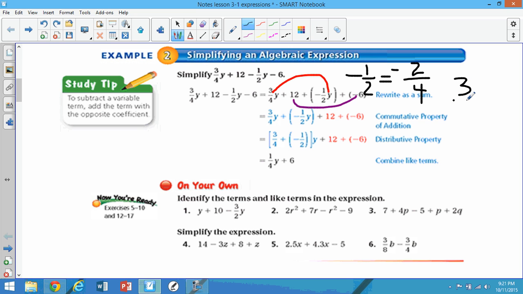So if you have 3/4 plus a negative 2/4, signs are different, so you're going to subtract, so your answer is 1/4. Okay?